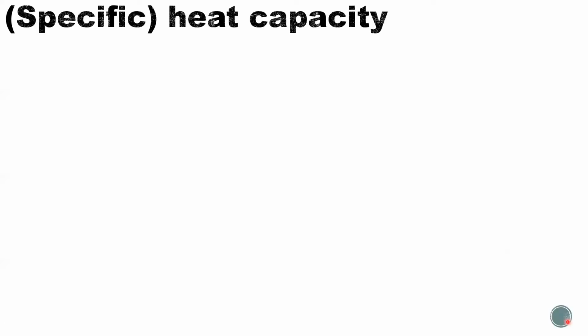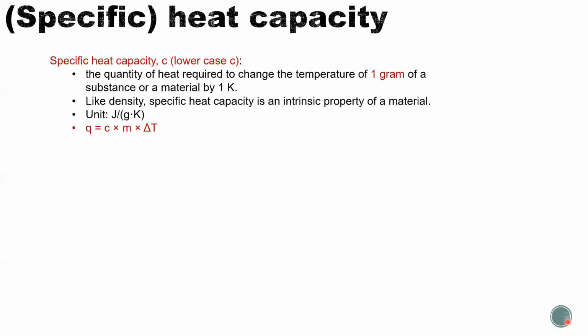So specific heat capacity is a property of a material. Specific heat capacity can be expressed as a lowercase c. It means the quantity of heat required to change the temperature of 1 gram of a substance or material by 1 Kelvin. Okay, the specific heat capacity is like density.